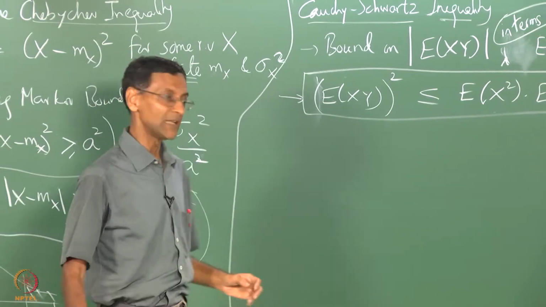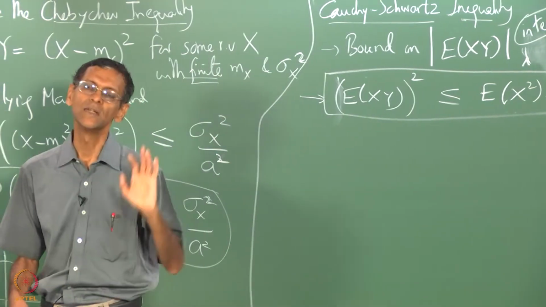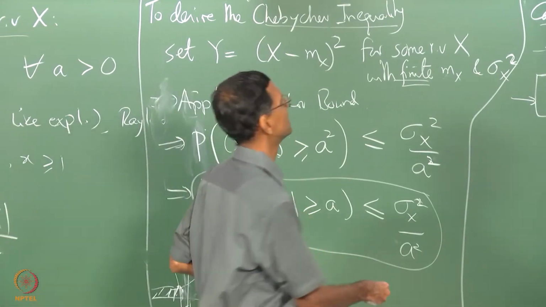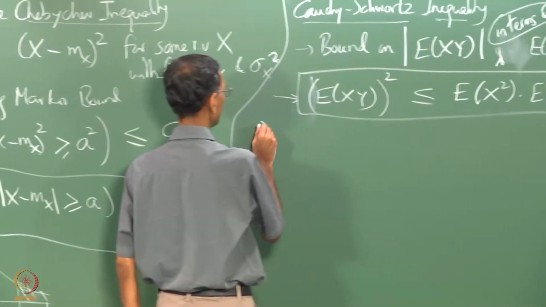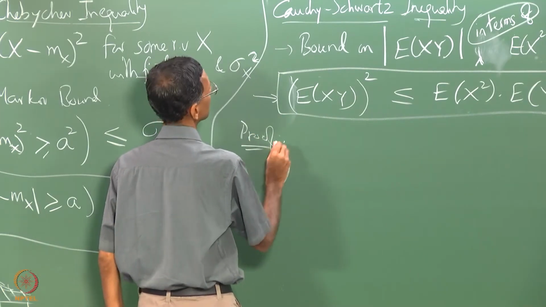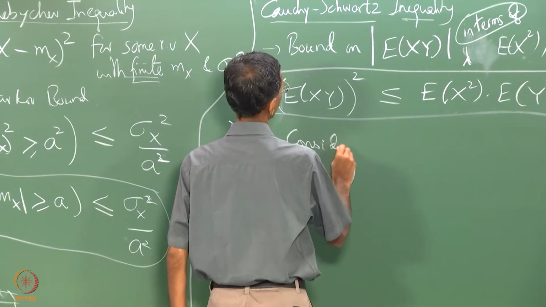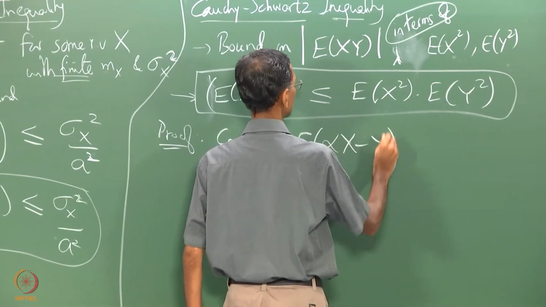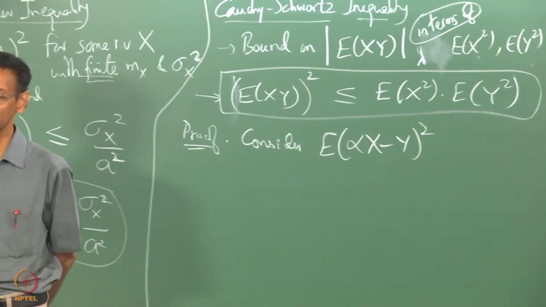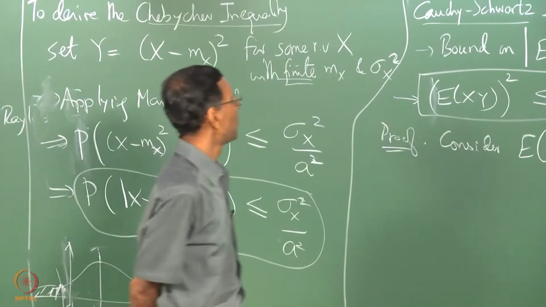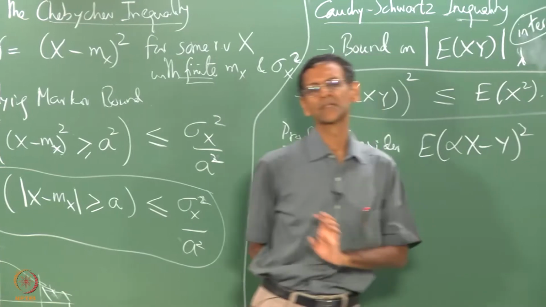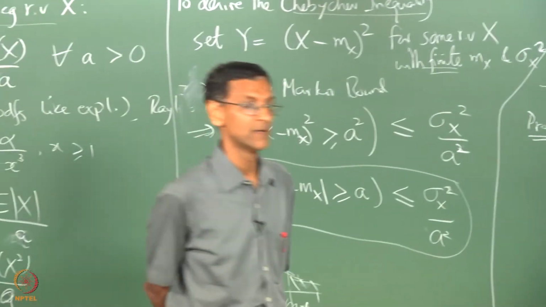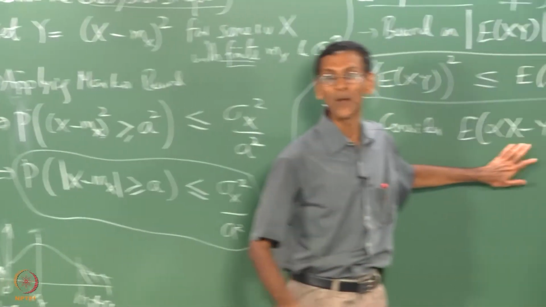The derivation is quite interesting because it talks about estimating y in terms of x. So let me give a quick proof of this. Consider E of alpha x minus y whole squared. What is this quantity that we are trying to take an average of? This is basically g of xy.